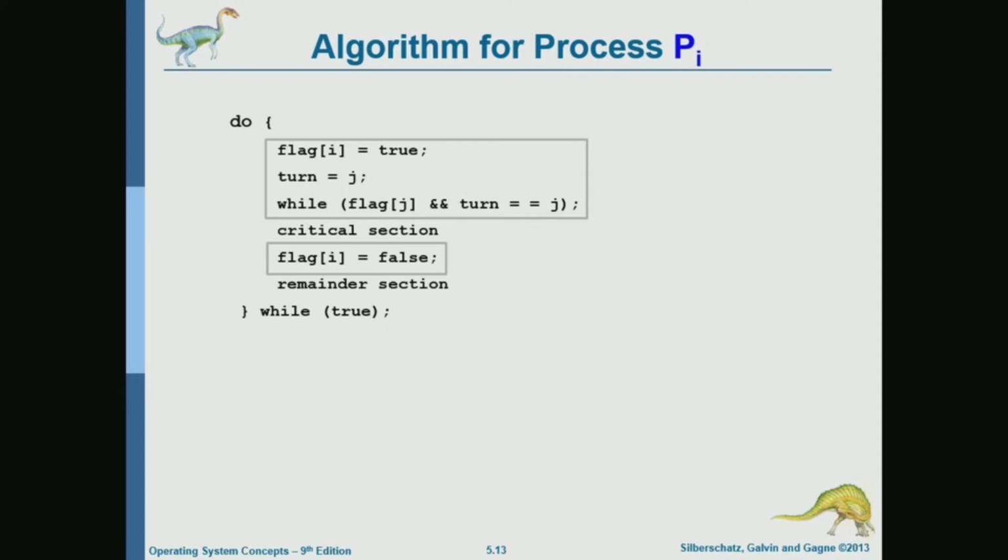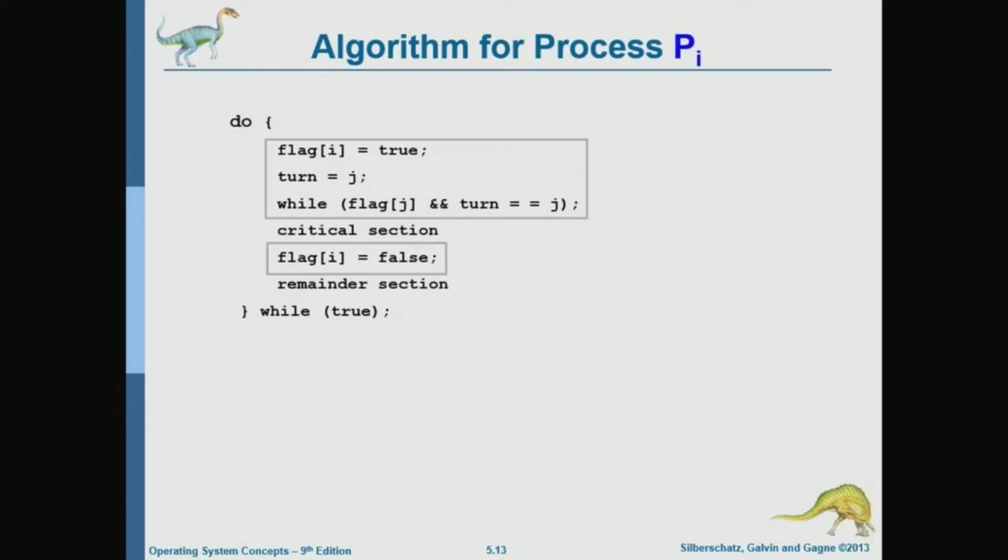Here it's saying, I am yielding to the other process. And then I is going to check if flag of J equals true, which means the other process is interested, and turn is equal to the other process, then I'm going to wait.